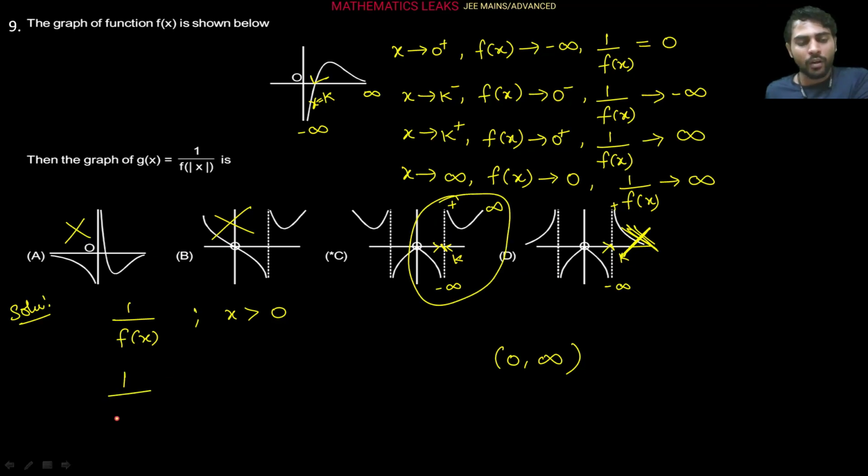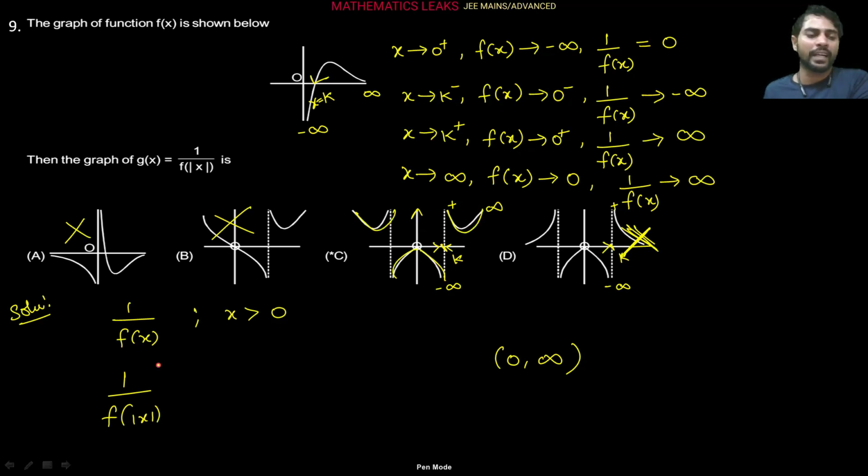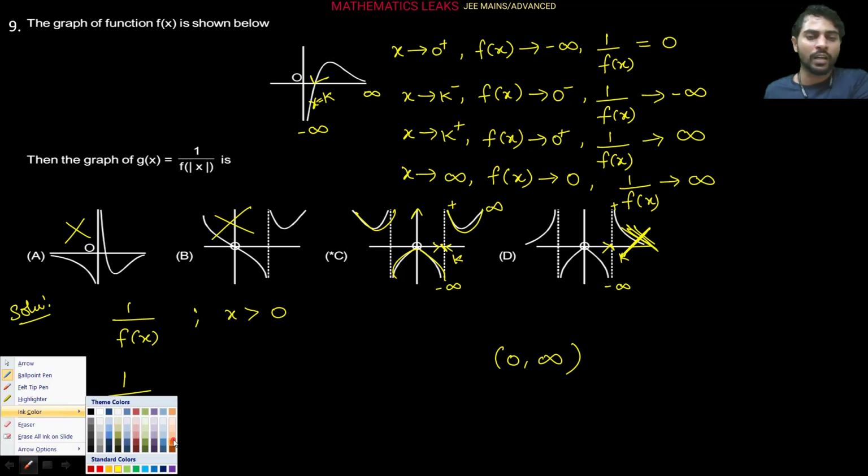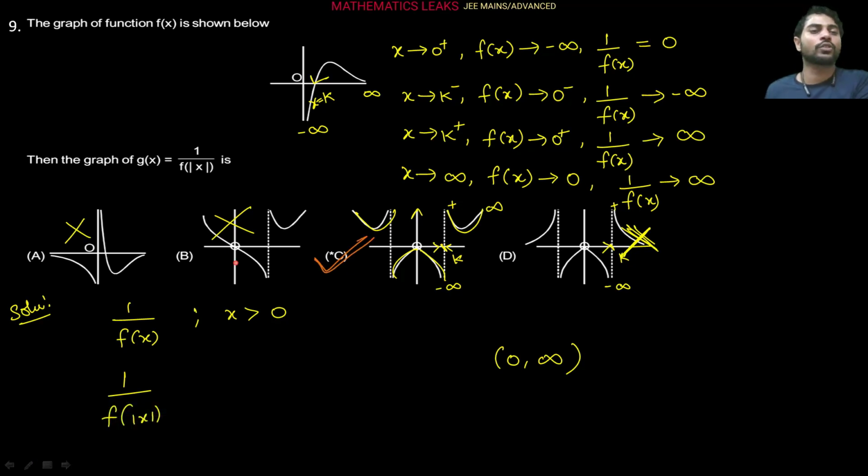So for 1 upon f of mod of x, we take the mirror image of this portion about the y-axis. This part's mirror image is this one and this part's mirror image is this one. So our correct option among all of these is option C. So C is the correct option for this question.